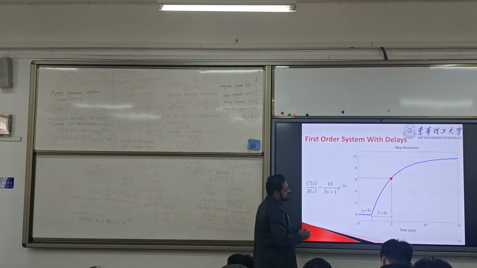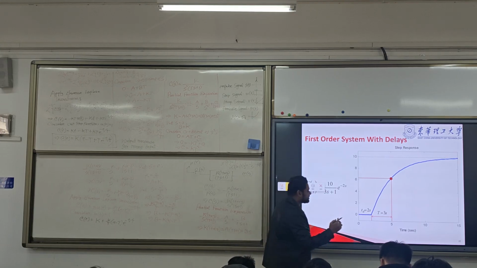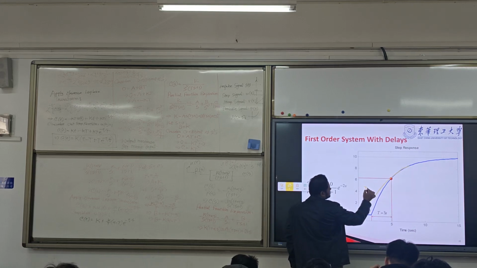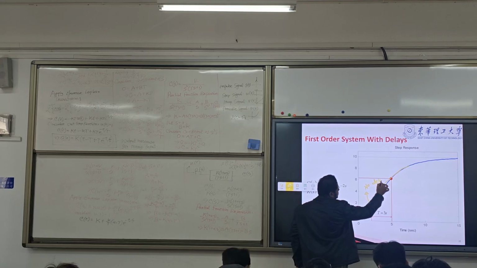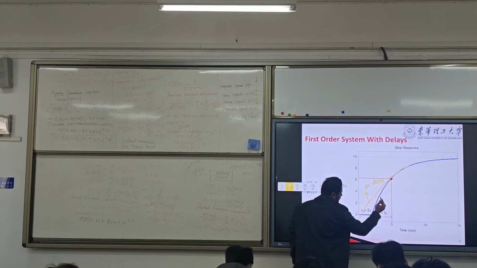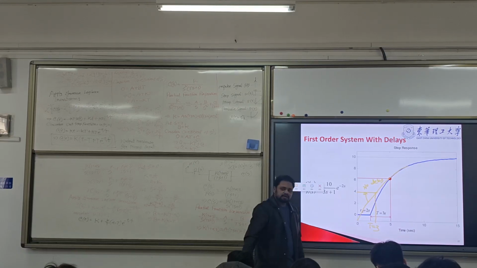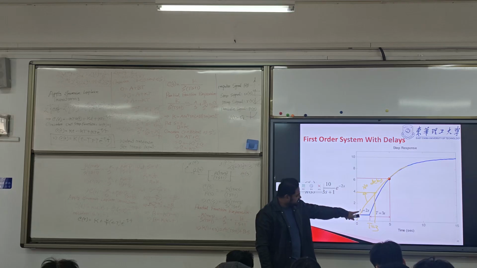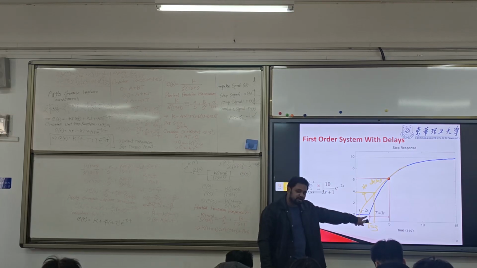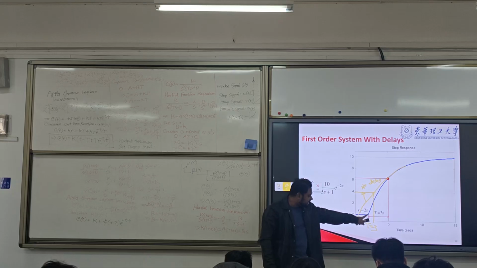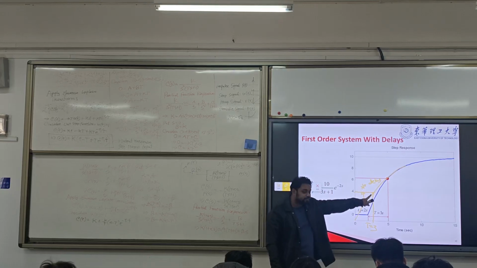So if there is no delay, then the system would be like this, no delay, and the time would be like this, T equal to 3. Now there is a delay time t equal to 2. The system does not start from 0. From here, it will have a delay, and from t equal to 2, it will start to rise.